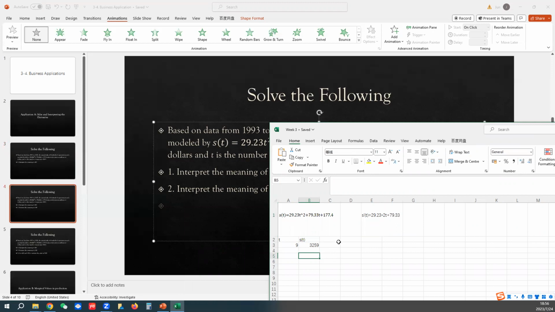You don't even have to calculate what 29.23 multiplied by 2 is. You can just let Excel do this. So 29.23 multiplied by 2 multiplied by 9 plus 79.33.